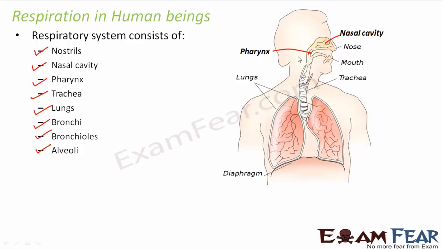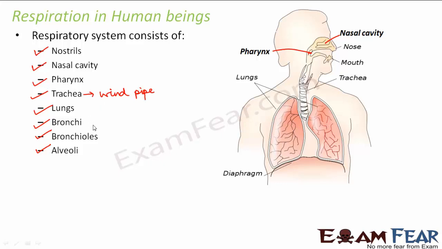Next is trachea. Trachea is nothing but the wind pipe. Here you can see this is the trachea, a pipe-like structure. Now this trachea will go and reach the lungs. There are two lungs, a pair of lungs present, and this trachea will go and connect to both the lungs.